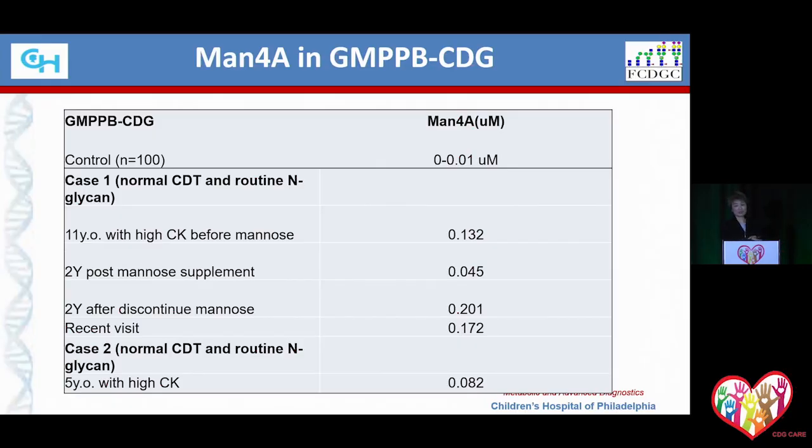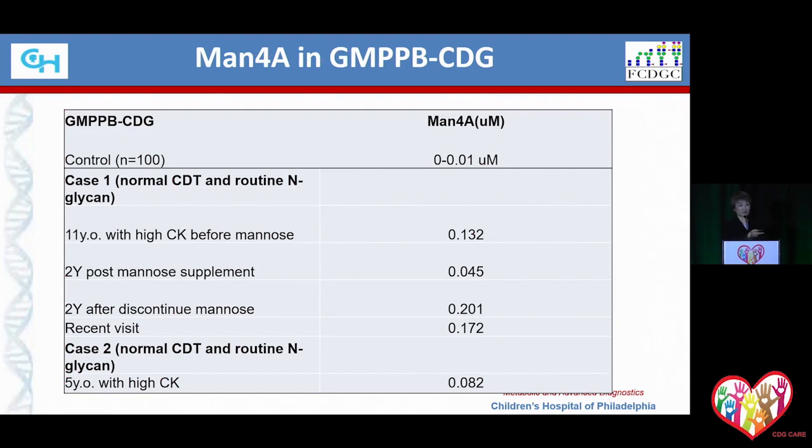She came with increased CK, which comes from muscle breakdown. This is her level before the mannose supplementation, quite elevated. Two years after mannose supplementation, the level is reduced pretty close to the noise level.